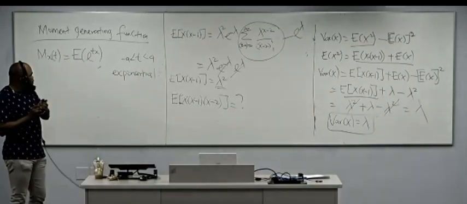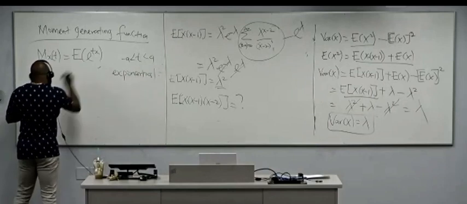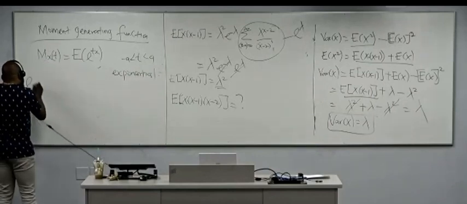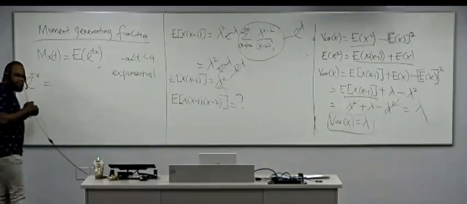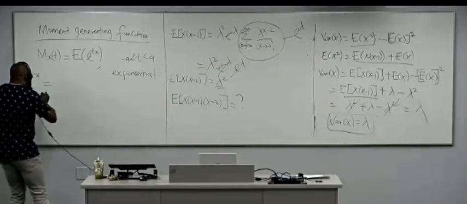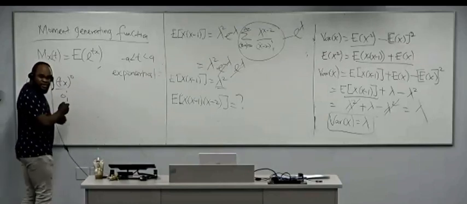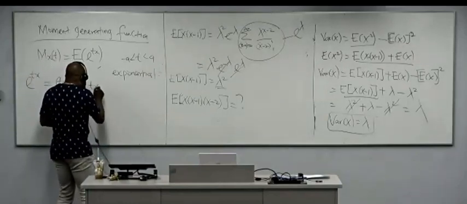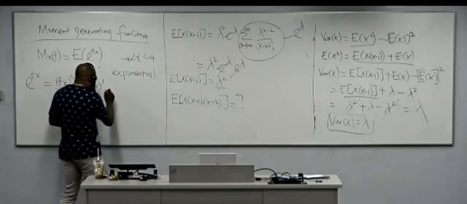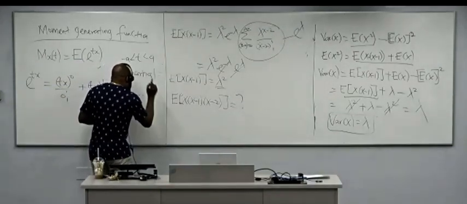Now, let's take a look at this. If I have e raised to the power tx, from the Taylor series it's going to be tx raised to power 0 divided by 0 factorial, tx raised to power 1 divided by 1 factorial, tx raised to power 2 divided by 2 factorial, and that goes all the way.